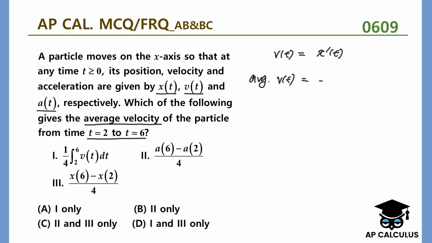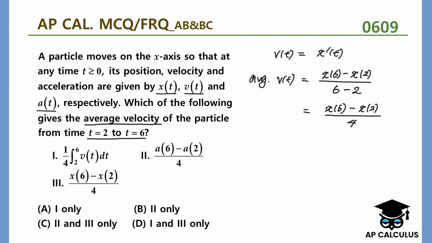So that's going to be equal to y2 minus y1, which is equal to x of 6 minus x of 2 over 6 minus 2, x2 minus x1, right? So that's going to be equal to x of 6 minus x of 2 over 4.